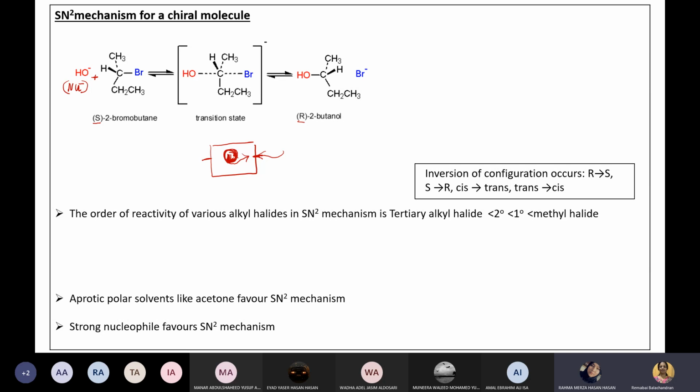No, there will be a clash. So he is going out through this door and the new person will come inside through the opposite door, to avoid steric hindrance. So the incoming group is going to come at the opposite angle of the leaving group? Yes, it's 180 degrees to that of the leaving group.